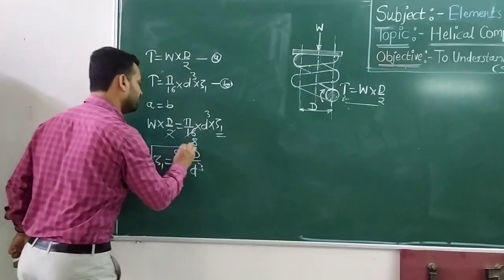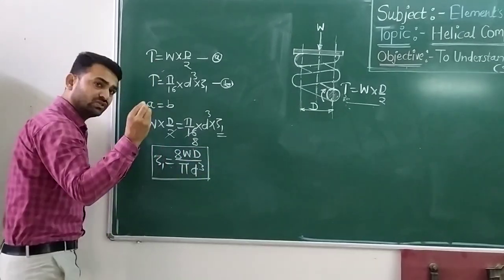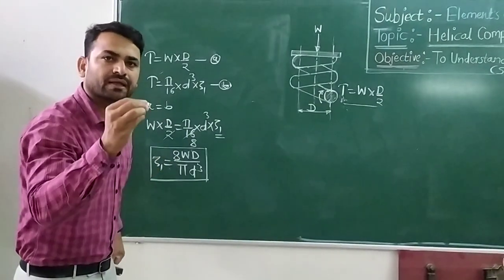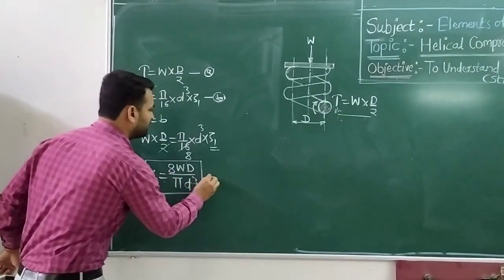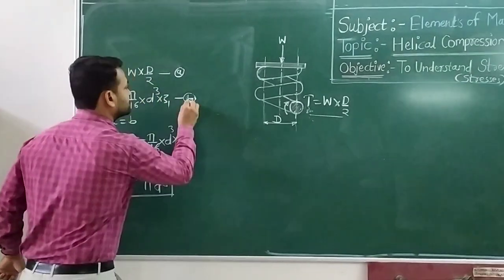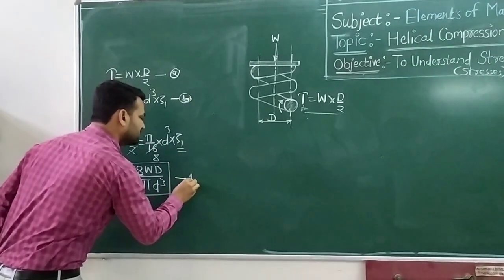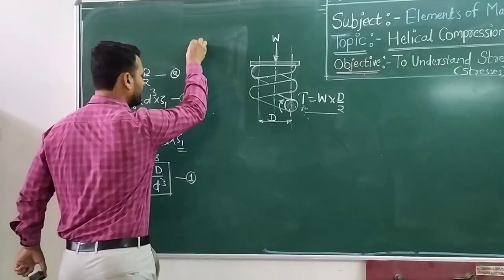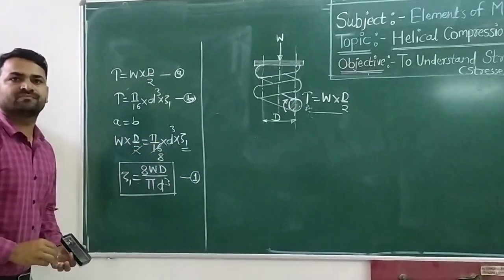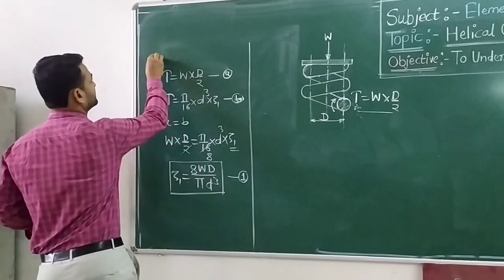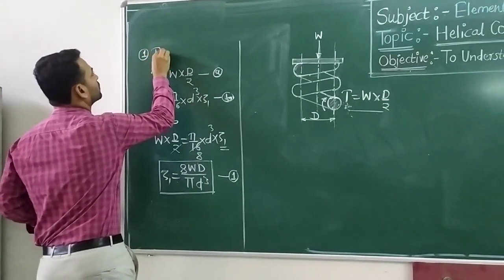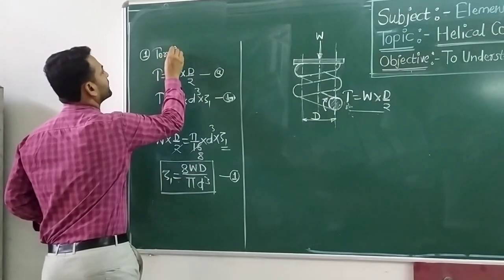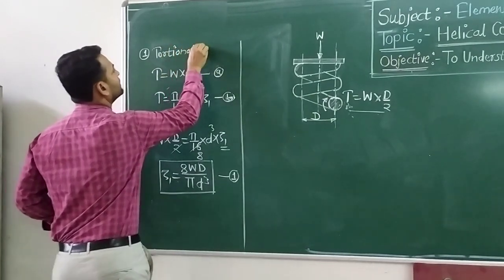This is the equation of the torsional shear stress developed inside the spring due to direct loading. I can say this is equation number 1. Hope you get this concept. This is the twisting moment first, giving the torsional shear stress.